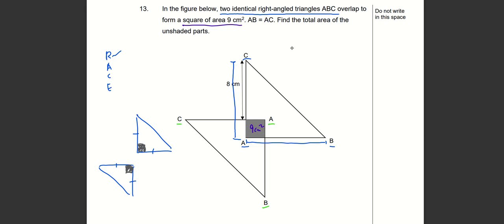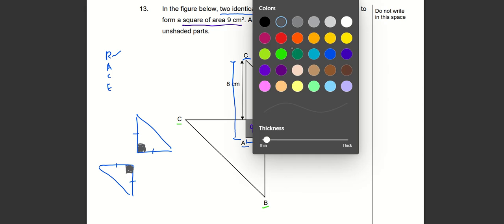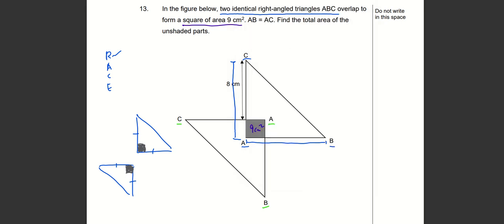Okay, can you see? Right, this is what it means. There's an overlap, so that means this square part of this corner of the triangle overlaps each other.